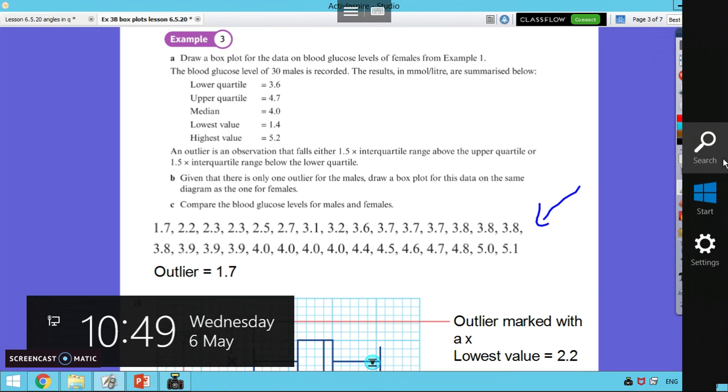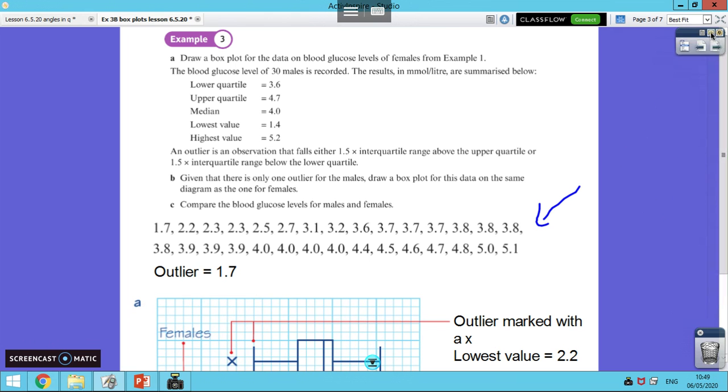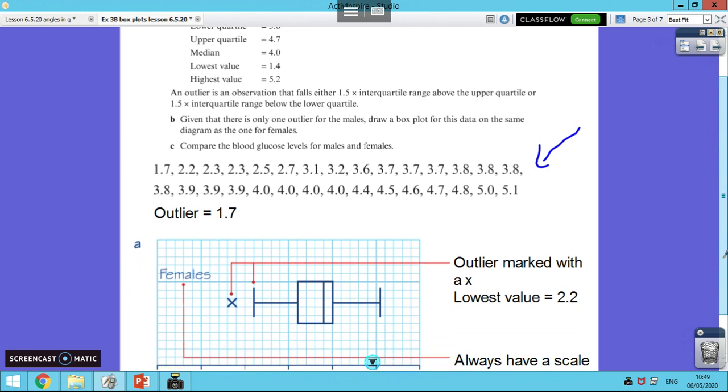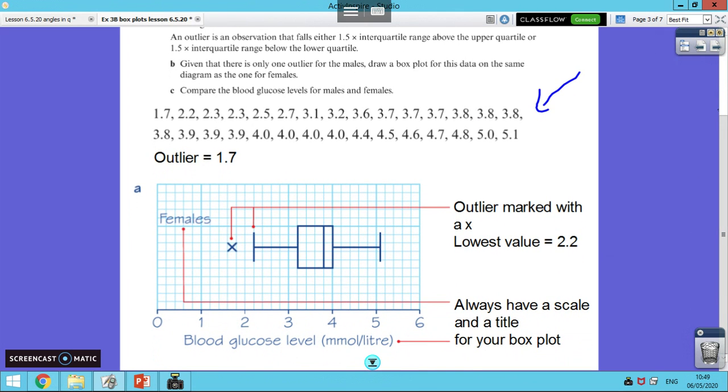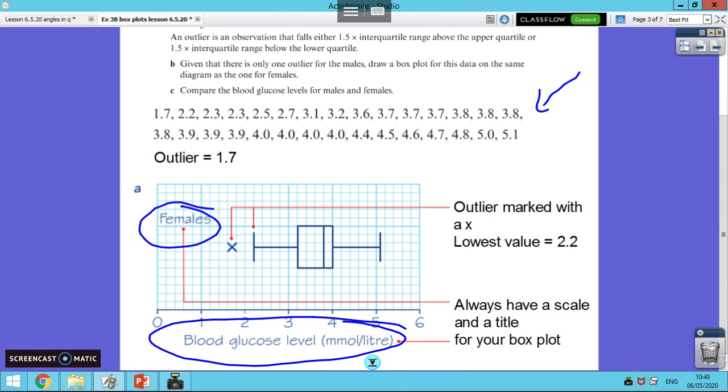So let me see if I can just scroll down. The box plot for part A, this is for the females, you'll notice it has a title. There's your title, just females. Or you could be a bit more specific and say blood glucose levels for females. And then you've got the scale down here, and the scale is labelled with your units as well.